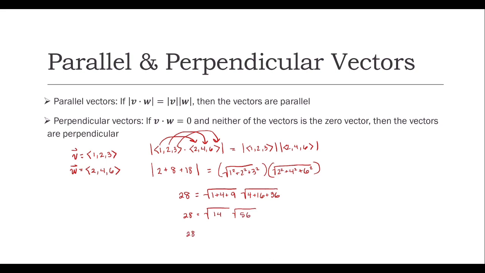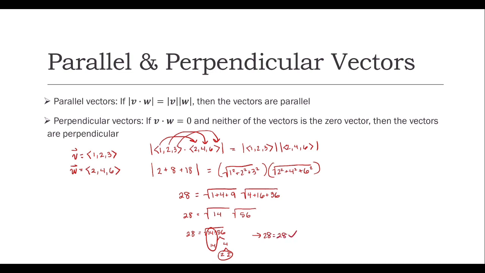So 28 is the square root of 14 times 56. 56 is the same as 14 times 4, and 4 is 2 times 2. So we have a group of 14s and a group of 2, so we could pull out 14 times 2, which is 28. So we get that 28 equals 28. So we know that these vectors are parallel.